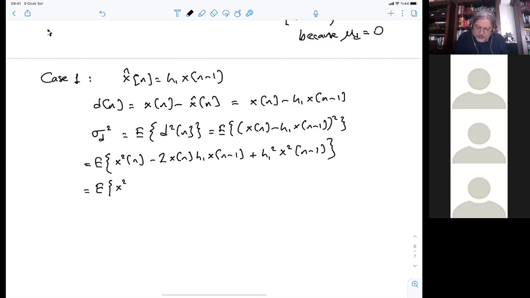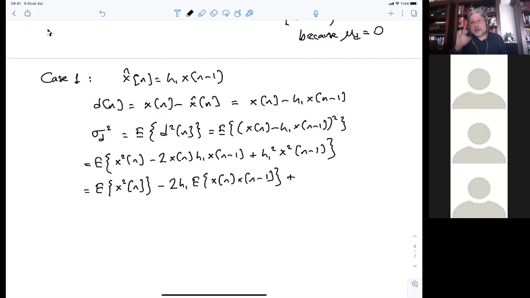Like we have this expected value of x square n, and the expectation parenthesis closes, and minus the terms that are not random signals, which are 2 and h1, can be taken out of the parentheses of expectation, and then the expectation of x of n, x of n minus 1, all right, and plus, again, h1 square is not the random signal, so it can be taken out of the expectation. h1 square expected value of x square n minus 1.